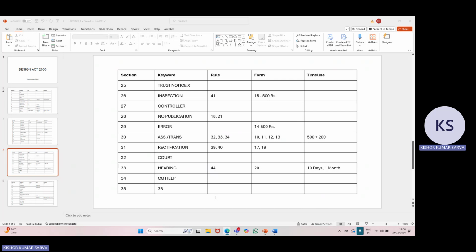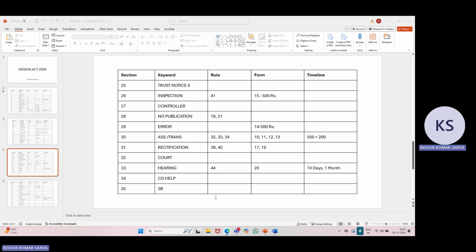Now section 26 talks about inspection. We have seen section 17 also talks about inspection, but 26 is stronger in the sense that from section 17 you will get the design certificate.